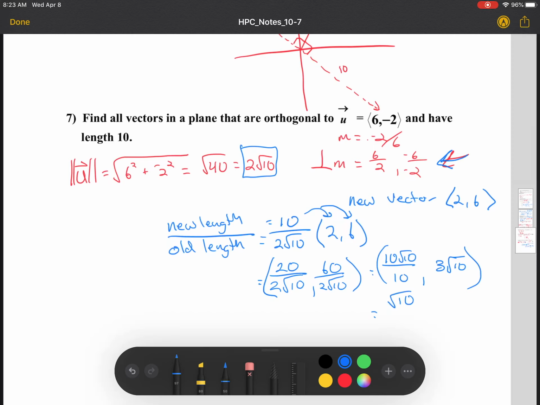And then your final answer should be square root of 10, 3 square root of 10. All right, but remember, you got two options. You got two because we have to do both positive and both negative because there's two of them. So if this is one, then we also have one that's negative square root of 10, negative 3 square root of 10.